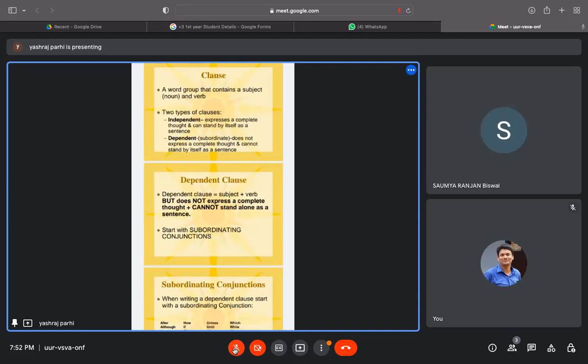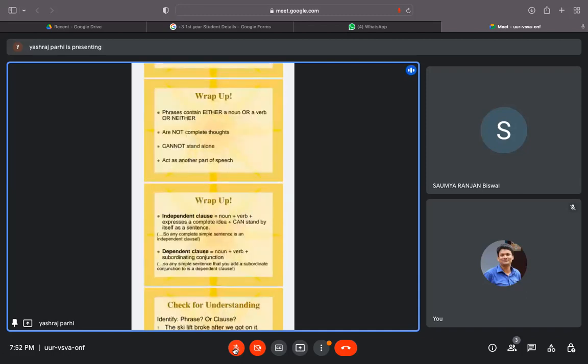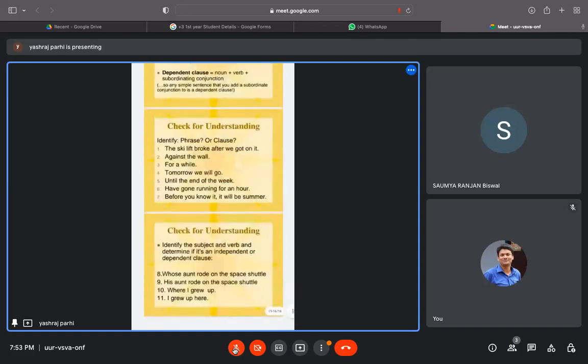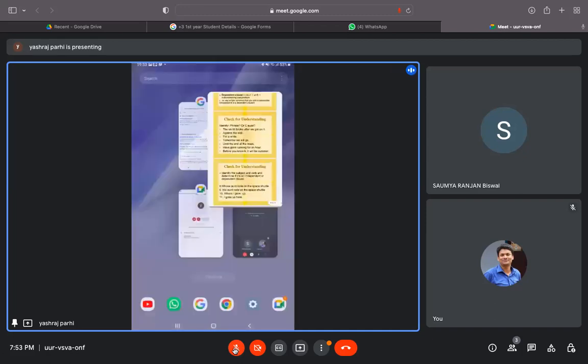While a clause may or may not make a complete sense, it is a very important part of sentences. An independent clause is noun plus verb, and it expresses a complete idea, but a dependent clause is noun plus verb plus subordinating conjunction, and that cannot stand alone. Thank you.